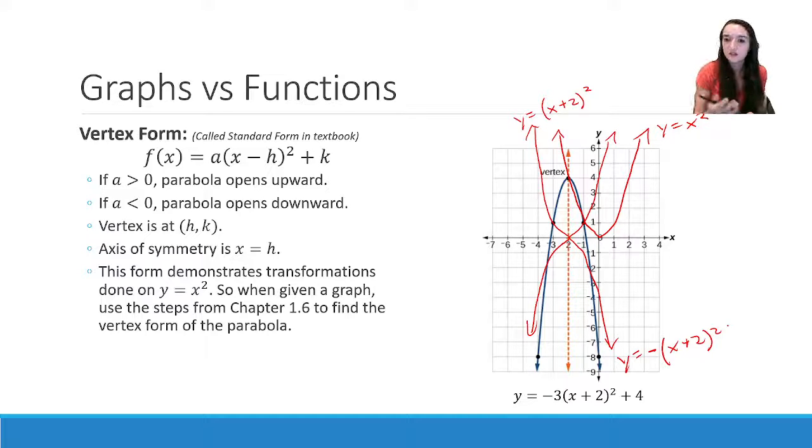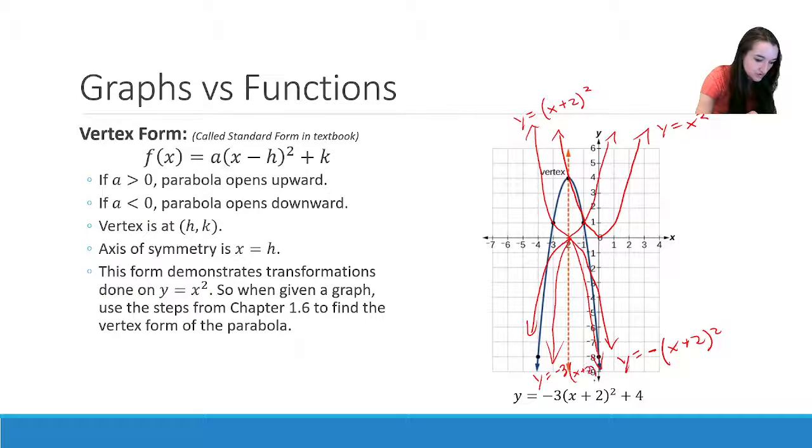And so we can continue doing this so that I'm going to stretch it out. So I will be multiplying the whole thing by 3, which is going to stretch it. So now we're more like this and like this. So then that's y equals −3(x + 2)². And finally, the last step is just that plus 4 shift to get it to its final form, where we are shifted upward.